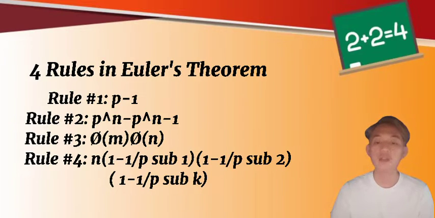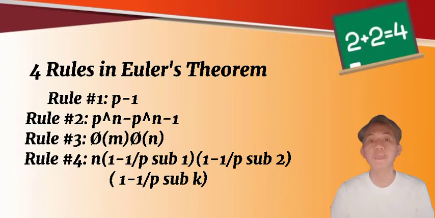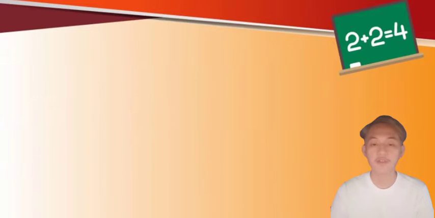And the last rule is the most applicable rule, which is rule number 4: n times the quantity of 1 minus 1 divided by p sub 1, multiplied by the quantity of 1 minus 1 divided by p sub 2, multiplied by the quantity of 1 minus 1 divided by p sub k. Now, for us to have a better understanding of this, let's give some examples.